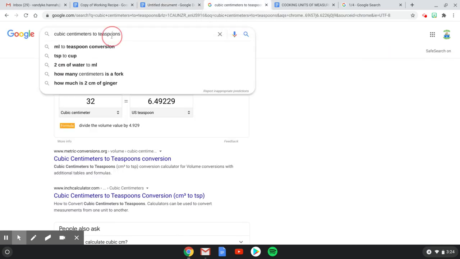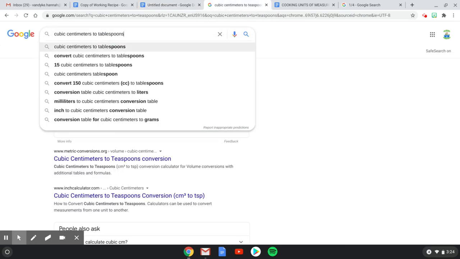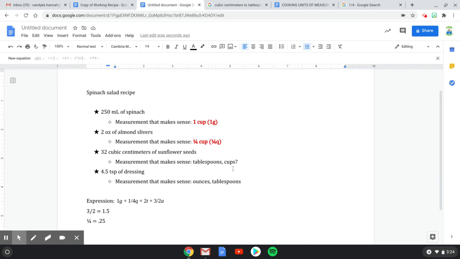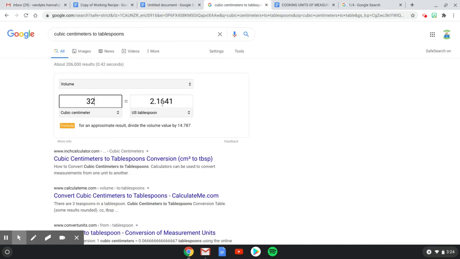My next measurement that I wanted to try was tablespoons. I have 32 cubic centimeters, and that gives me about 2.16 tablespoons. Do I have a 2.16? I have a 2, and I have a 1.5. The 2 is pretty close, though. 2.16 is pretty close to 2.